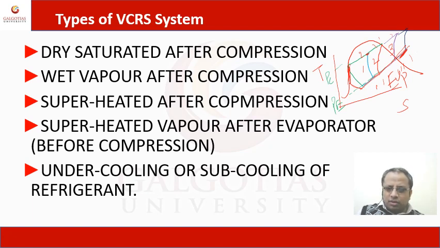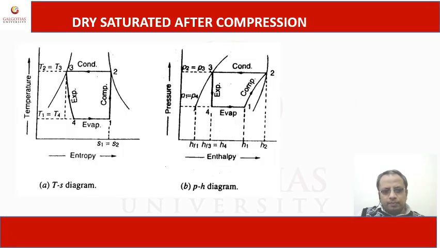Below that condenser temperature, if the refrigerant is cooled, this process is called subcooling or undercooling of the refrigerant. So all these five conditions are possible, and these conditions define the VCRS types at the different pressure, temperature, and quality of the refrigerant vapor.